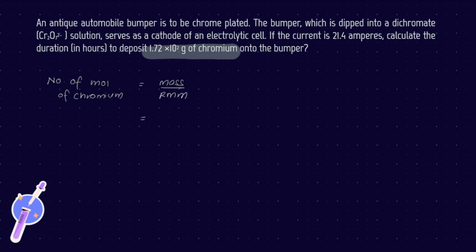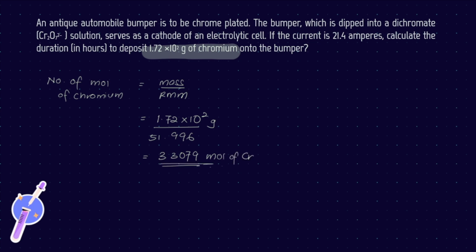The mass of chromium is given in the question, which is 1.72 times 10 to the power of 2 gram, and the RMM is 51.996. Therefore, you will get the number of mole for the chromium, which is 3.3079 mole of chromium.